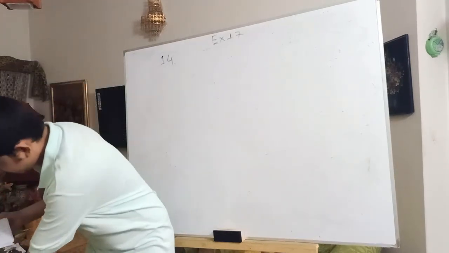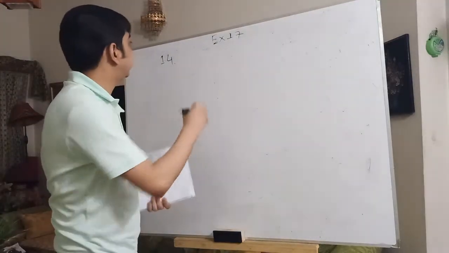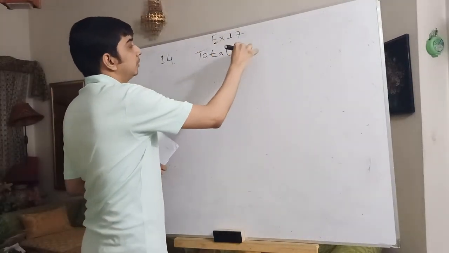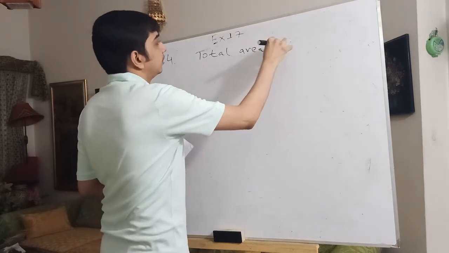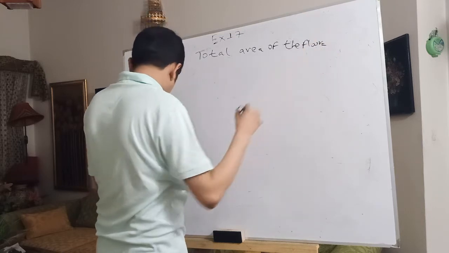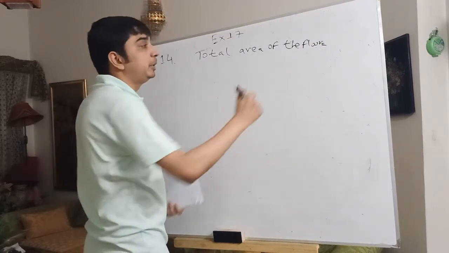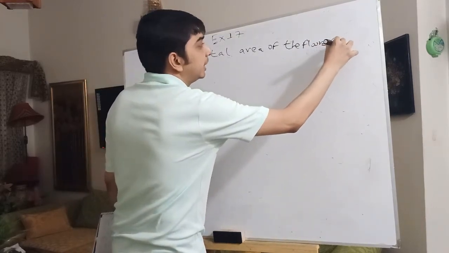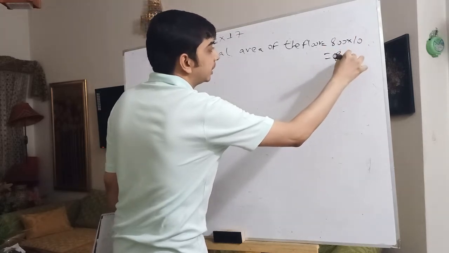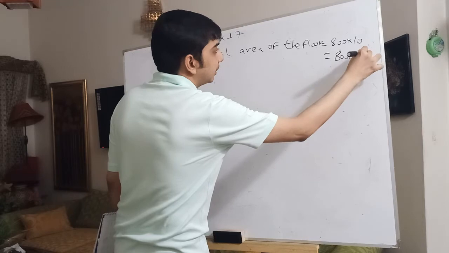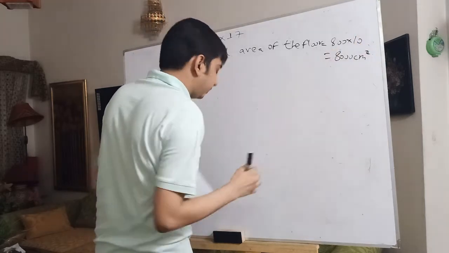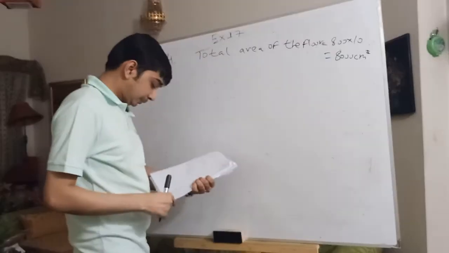So, what is the total area of the floor? Total area of the floor will be 800 into 10, 8000 centimeters square, because each tile is 10 centimeters square and there are 800 tiles. This is the total area of the floor.